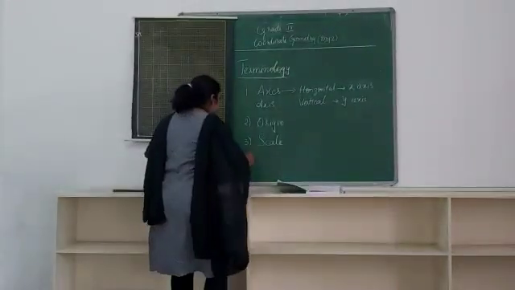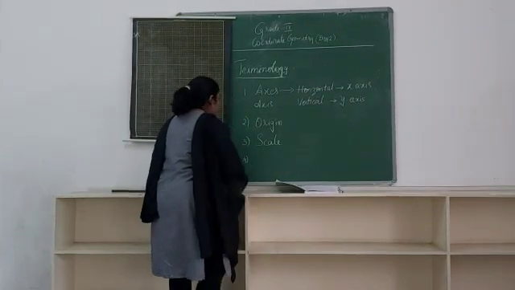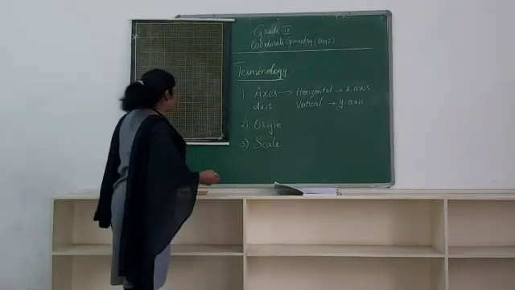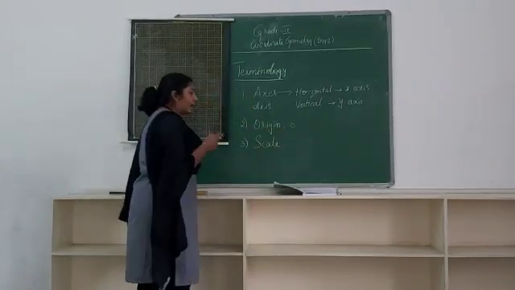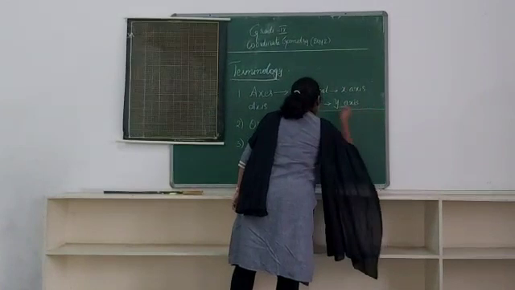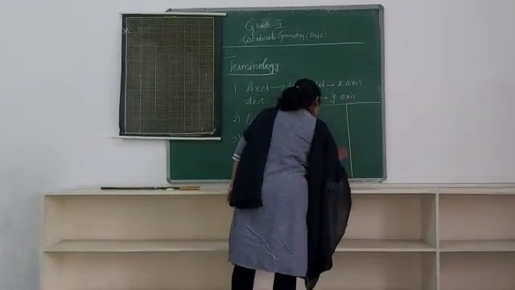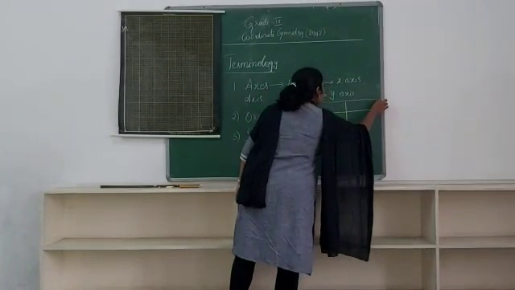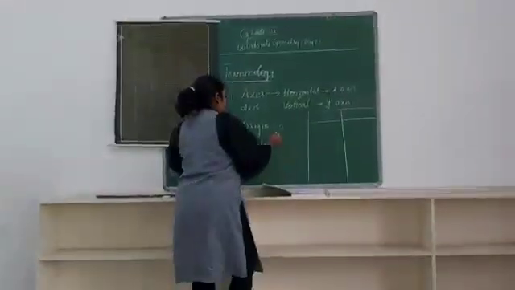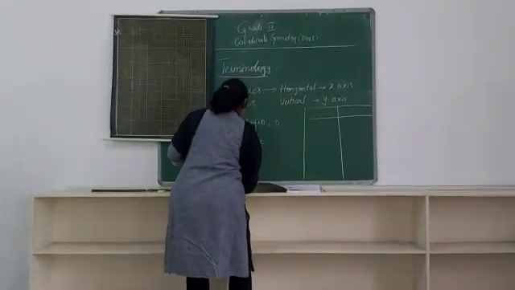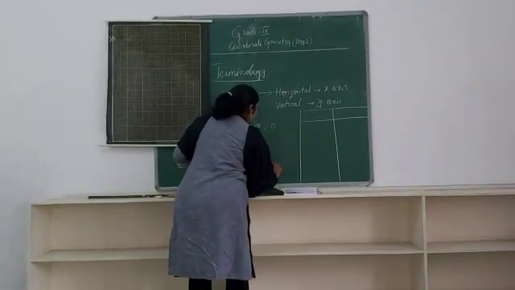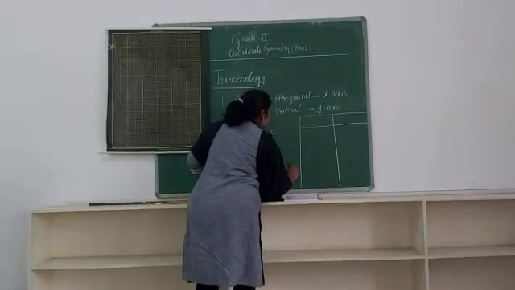Before going to the next point, we will understand that your origin is represented as O, and we will take an example for the scale. You all know the formula for distance and speed. The formula is distance is equal to speed into time.